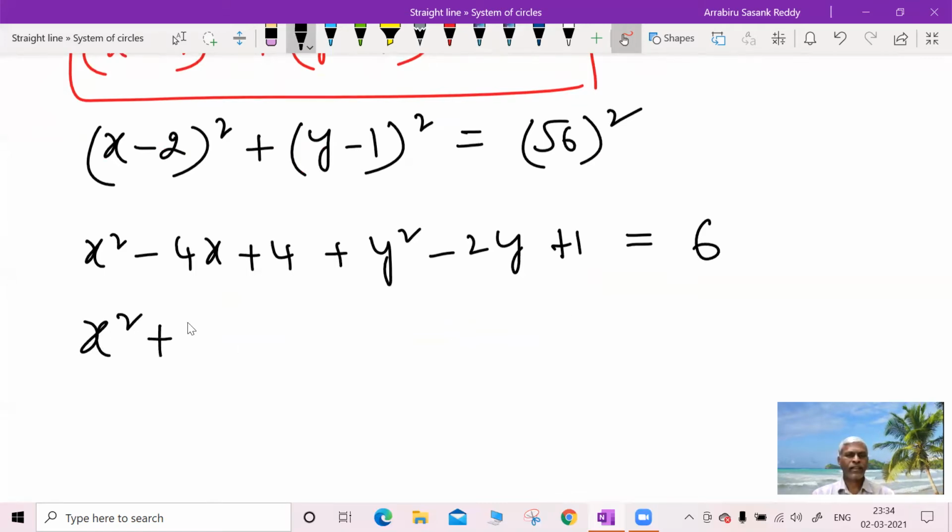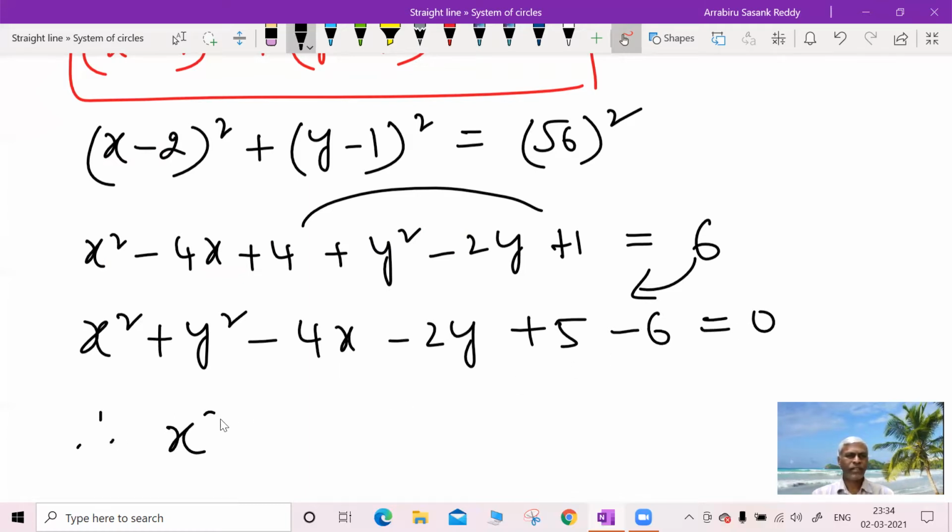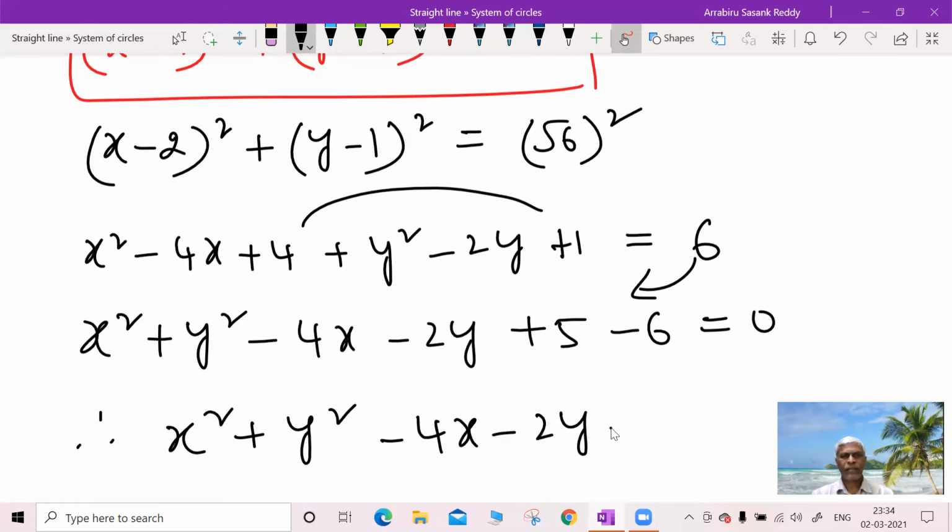So x square plus y square minus 4x minus 2y, 4 plus 1 is 5, and minus 6 is equal to 0.